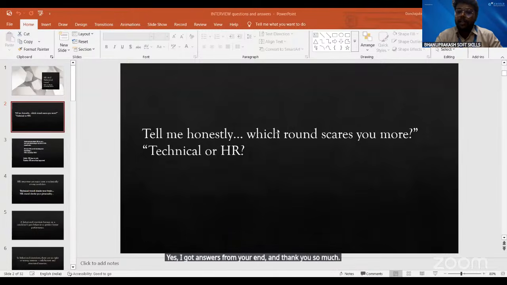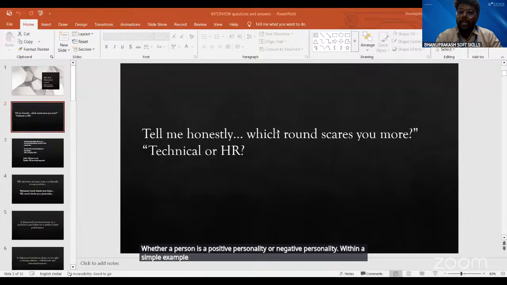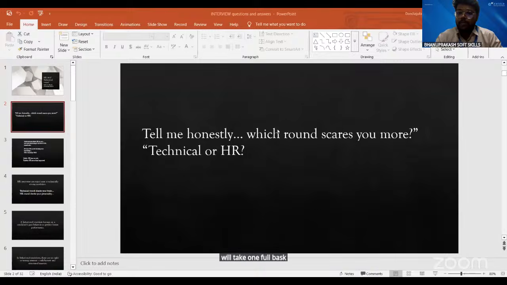So HR is all about testing the personality, whether a person has a positive personality or a negative personality. With a simple example, we'll take a basket of 10 fresh apples. Now I'm keeping one rotten apple in between those 10 fresh apples.